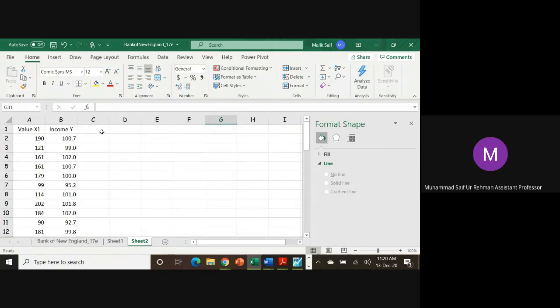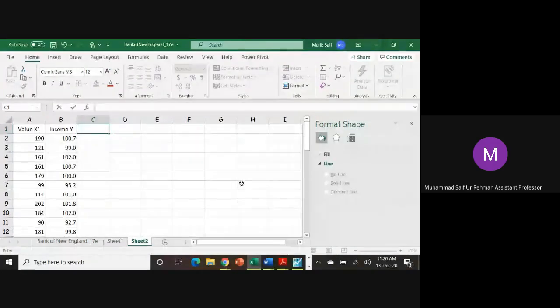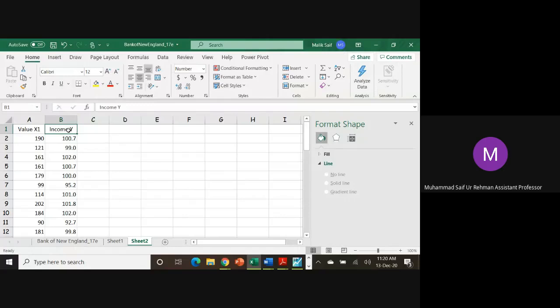Brother Samyuddin, you are asking about estimated values, and I explained that those values are basically, you can say, y hat. There is some problem with the font.